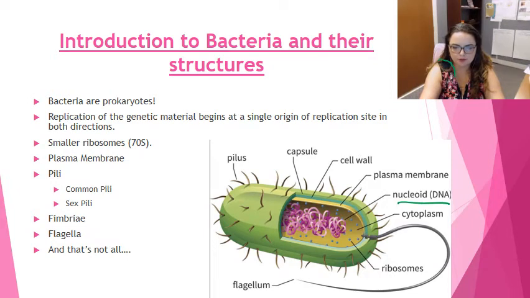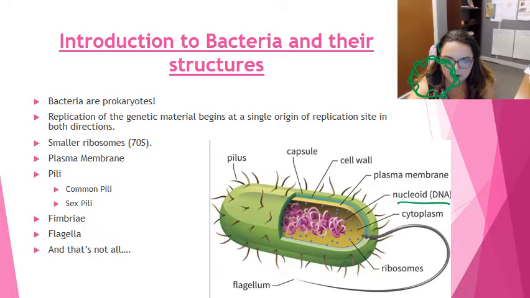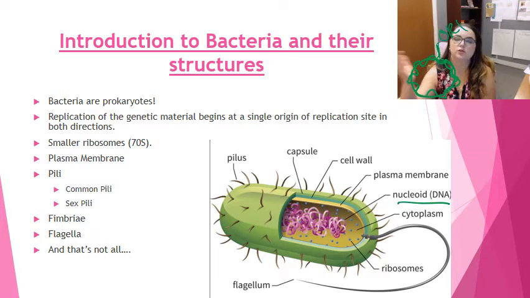Replication, so I'm going to make this my single DNA. This is my attempt at making a supercoiled DNA double helix. Okay, so if this is my circular bacterial genome, all of the replication is going to start at a single point of origin, known as an origin of replication, or ORI.